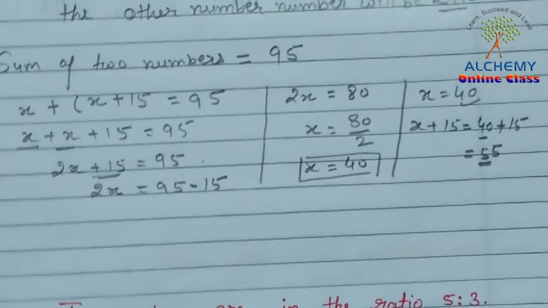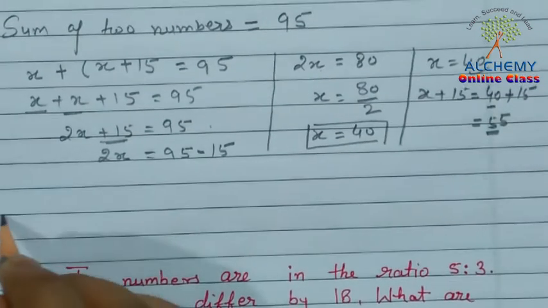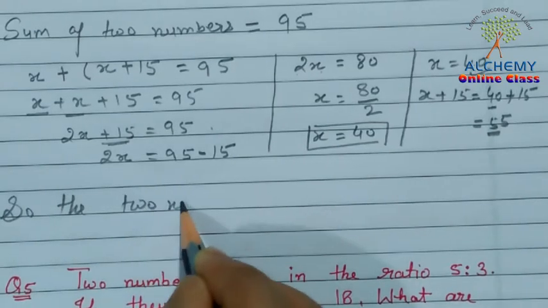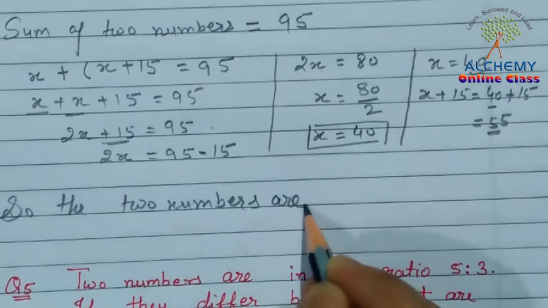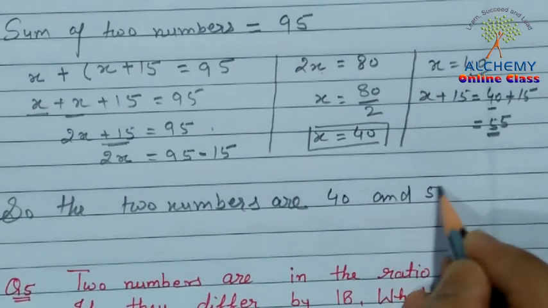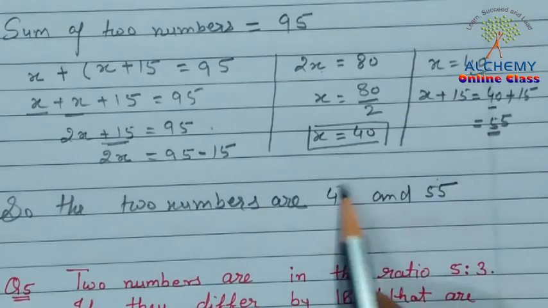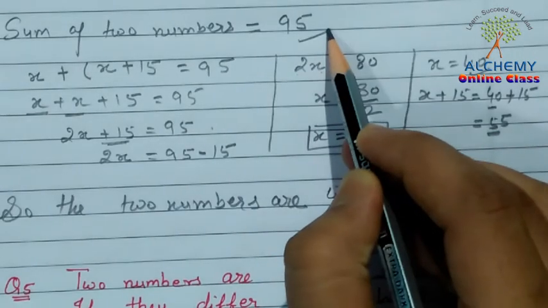So we got the two numbers, and we can write our answer: the two numbers are 40 and 55. You can check your answer by adding these two numbers. When you add them, you get the result 95, as it is given in the question.